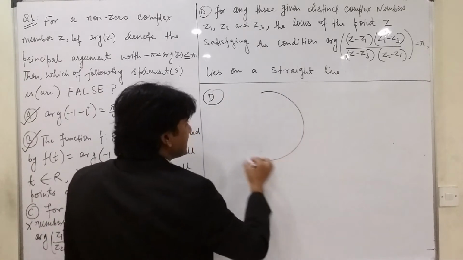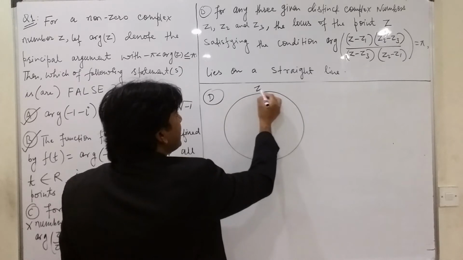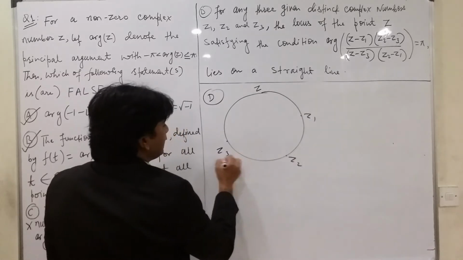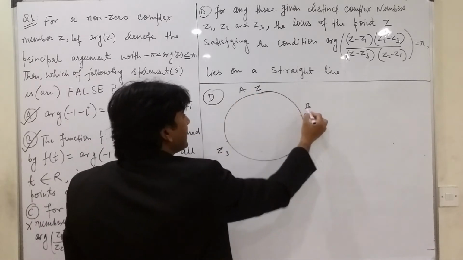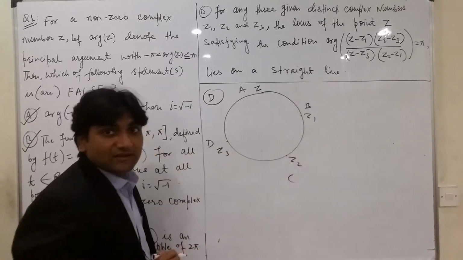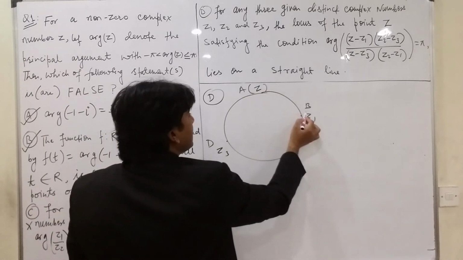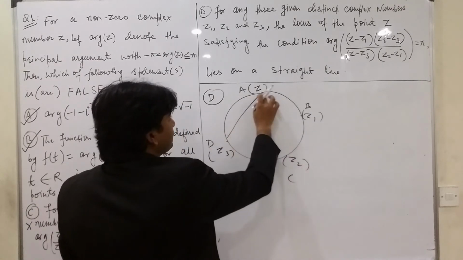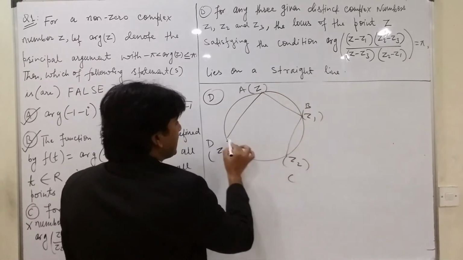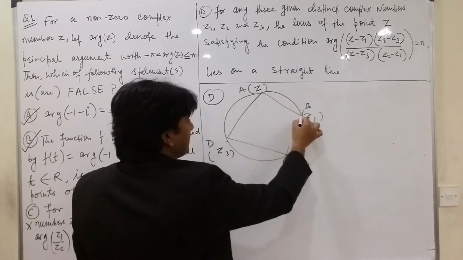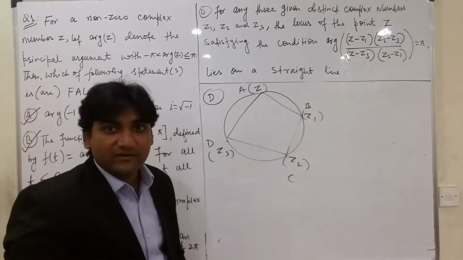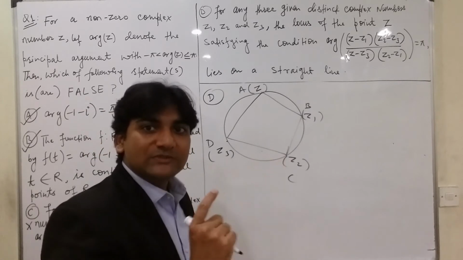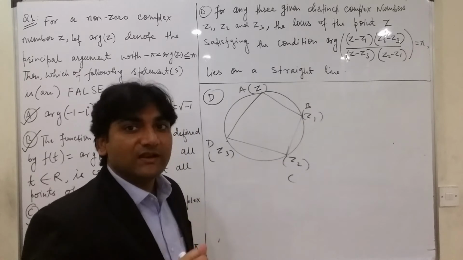For example, this is a circle. Consider any point z here. This is z1, this is z2, this is z3, this is A, this is B, this is C, and this is D. This is Z, this is Z1, this is Z2, this is Z3, and we join them. So this is a cyclic quadrilateral, right? In a cyclic quadrilateral we have a property: the sum of opposite angles is 180 degrees.